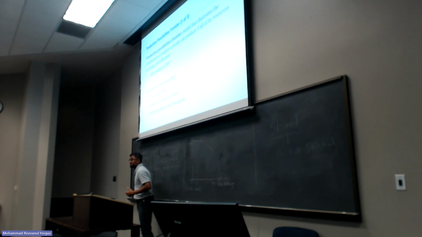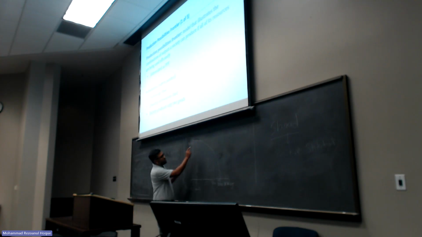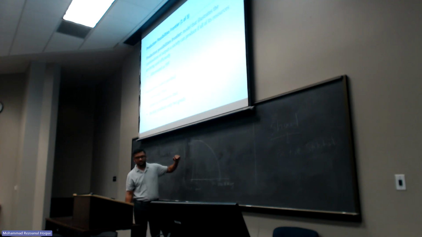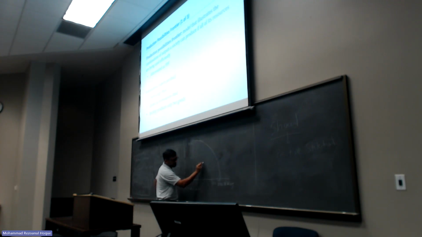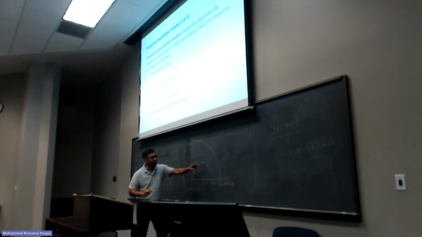Given this output PPF curve, if someone produces at this point, let's say 40 pizzas and 50 wings, he could have produced more.